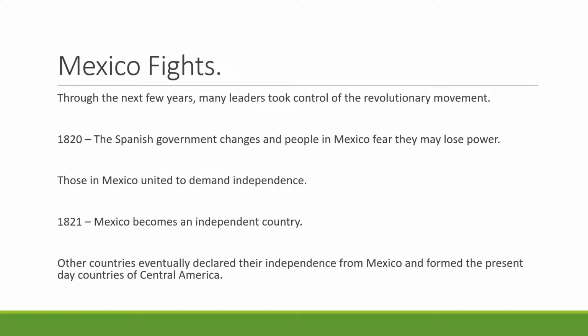After some fighting, Mexico will become an independent country in 1821. Other countries will also eventually declare their independence from Mexico, because Mexico was actually the whole country of Central America, and other countries will eventually break off from Mexico to form their own part of Central America.